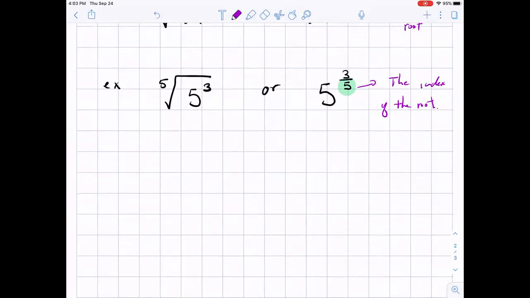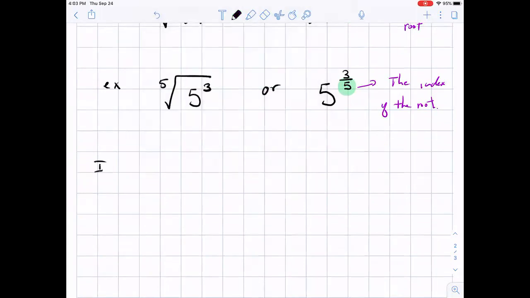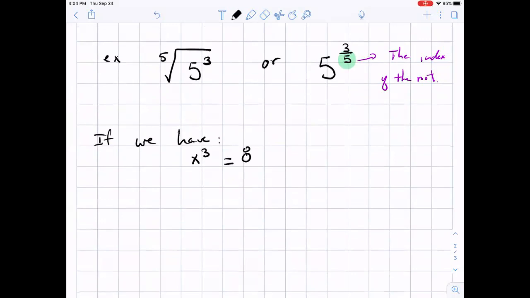Now that is helpful because sometimes we tend to do things not realizing what we're doing. And the reason I say that is because if we have, let's say, x cubed is equal to 8, and we tend to figure out what is x.